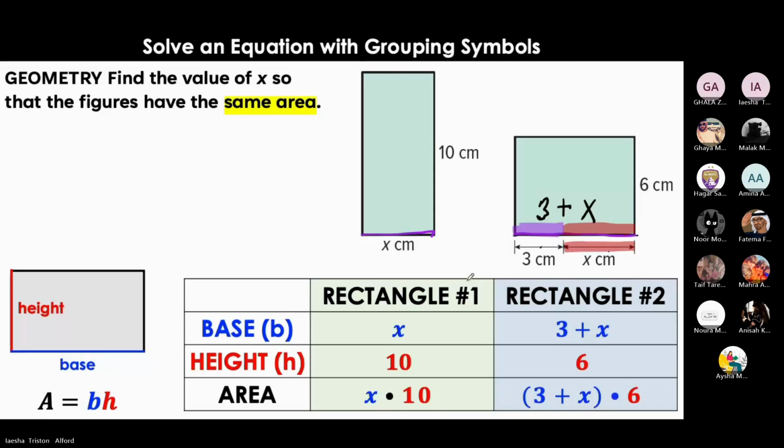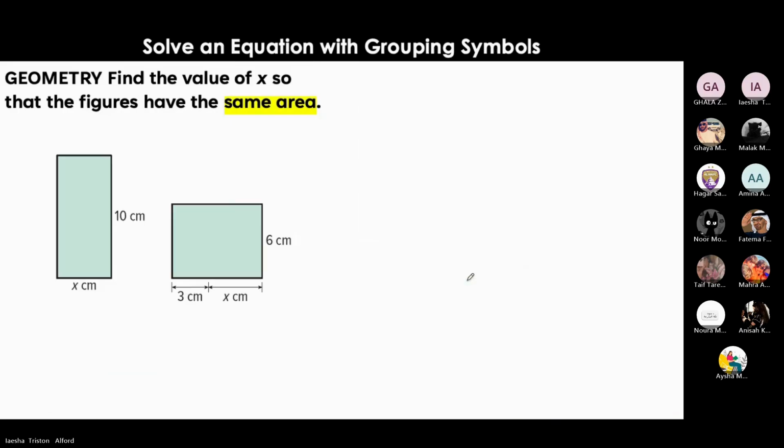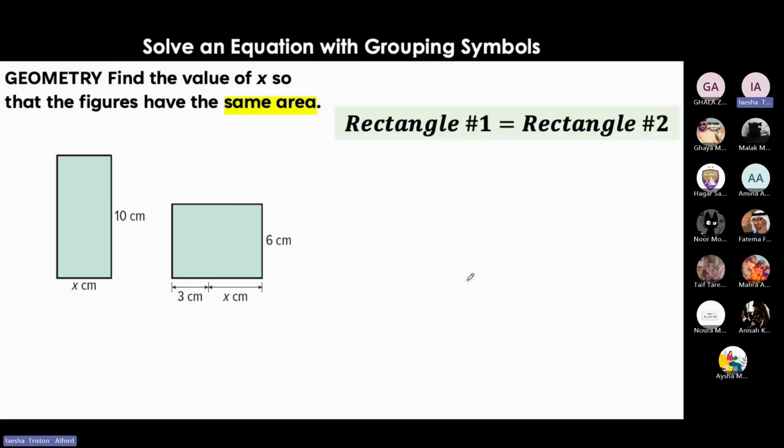So 3 plus x times 6. Area, we're going to multiply. This is the first thing you have to write down: what is the base, what is the height, what is the area.